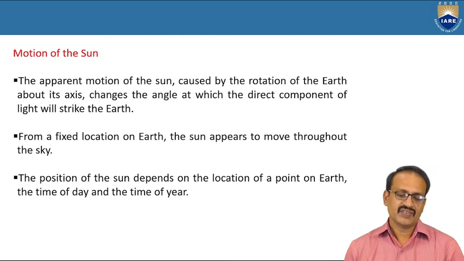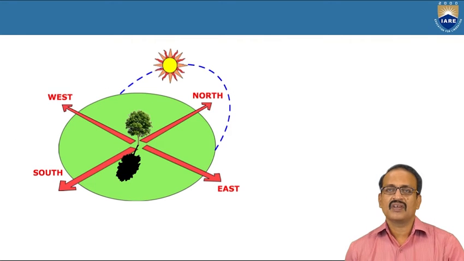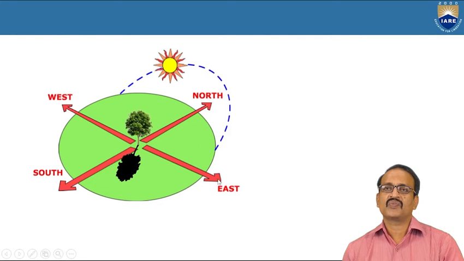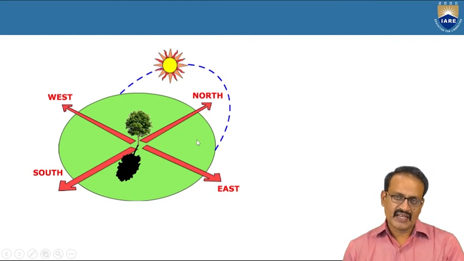So at that one point, the sun will be constantly moving from east to west. You can observe here, this is north, this is south, west and east. Based on that angle, you will be getting shadow. The energy is going to vary.